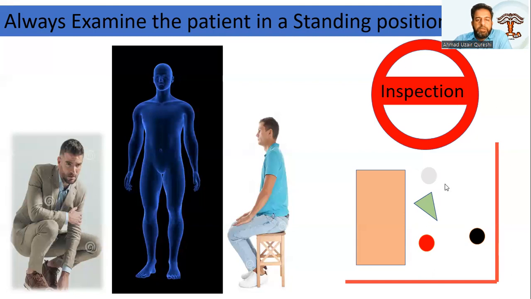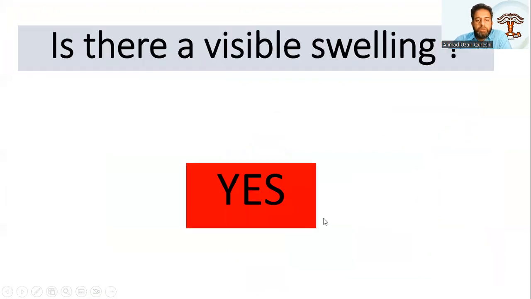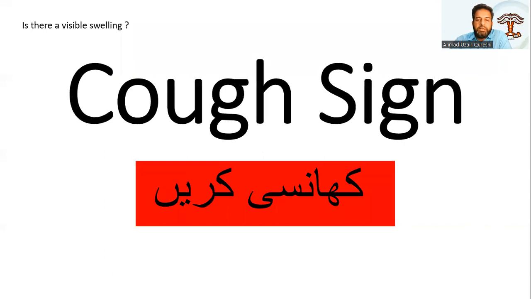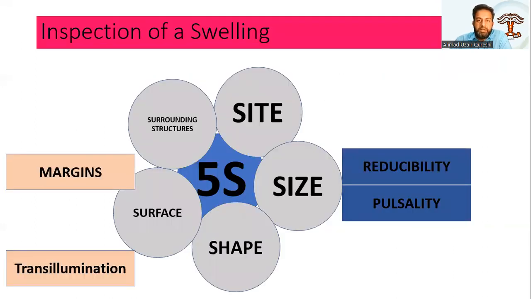Once you inspect, what do you need to look for? You need to see if there is a swelling or not. If there is a swelling, you mark that swelling and see for any change when the patient comes. But if there is no swelling, still ask the patient to cough and see whether a swelling becomes visible. So you ask them to cough. Don't keep on asking them to cough.